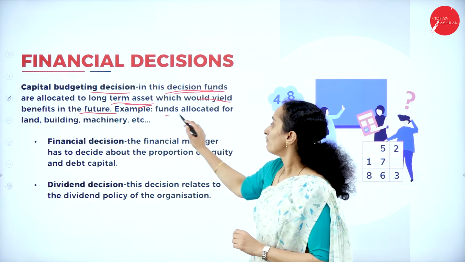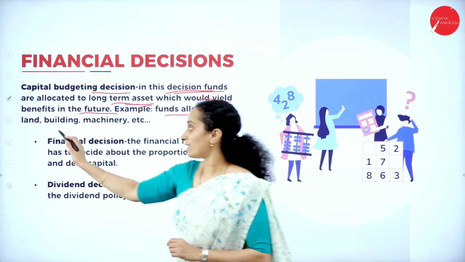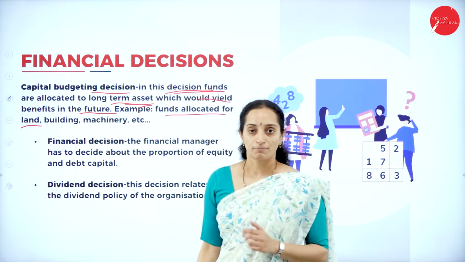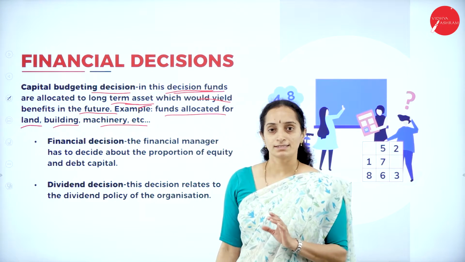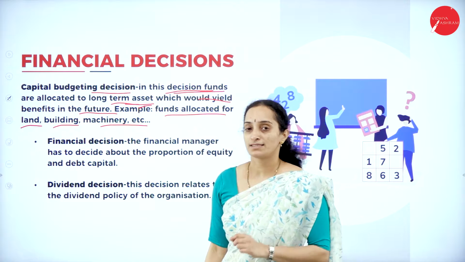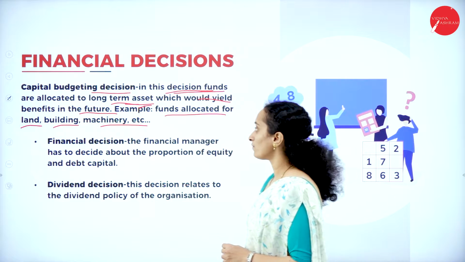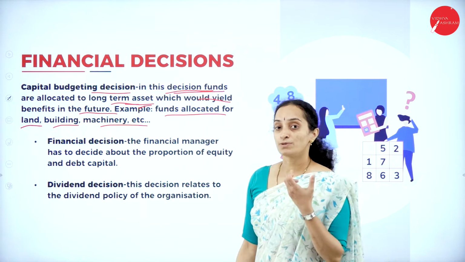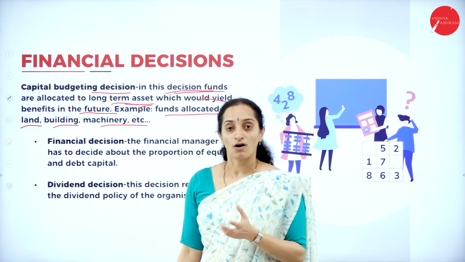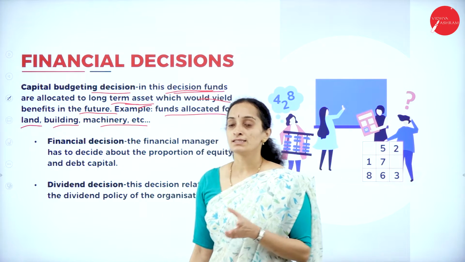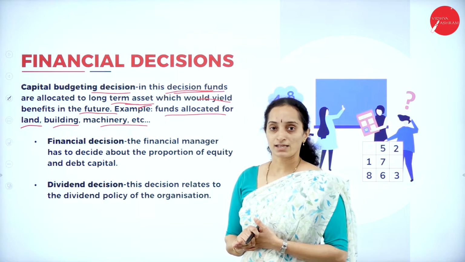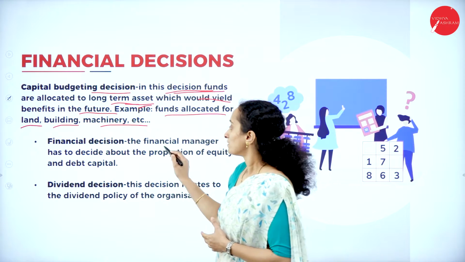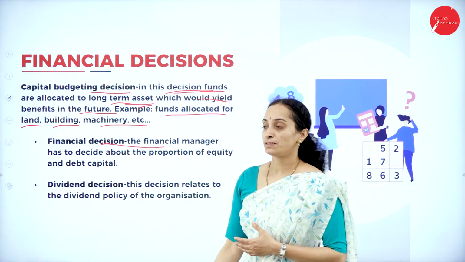For example, funds allocated for the land or the building or machinery, all these involve long-term assets, isn't it? So how much has to be spent on these long-term assets must be decided by a financial manager. Okay, so the financial decision must be taken.